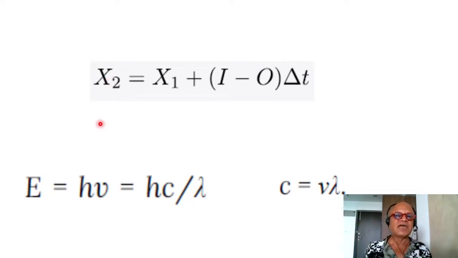Okay, the other most important thing to deal with here when we want to think about climate is the energy. So this is Planck's constant times nu, where nu is a frequency, so that is Planck's constant times the speed of light divided by the wavelength.